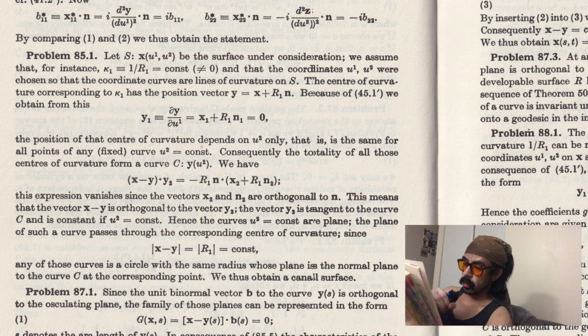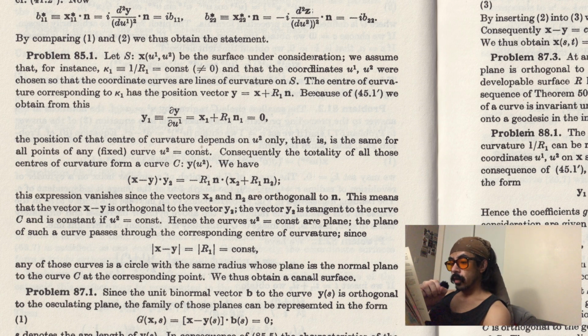That's what we're using here in this solution. Because of that, we obtain from this what I just read, and the position of that center of curvature depends on u2 only. That is the same for all points of any fixed curve where u2 is equal to a constant.